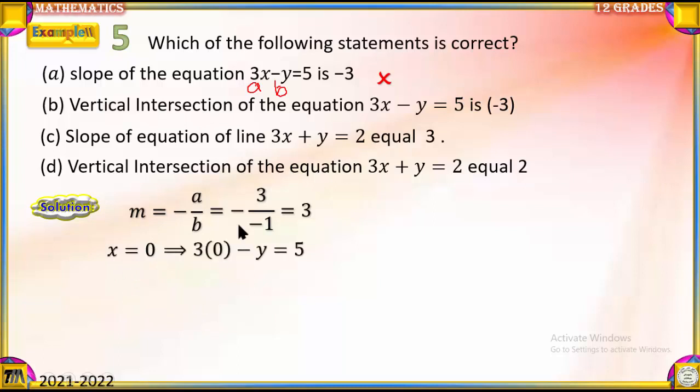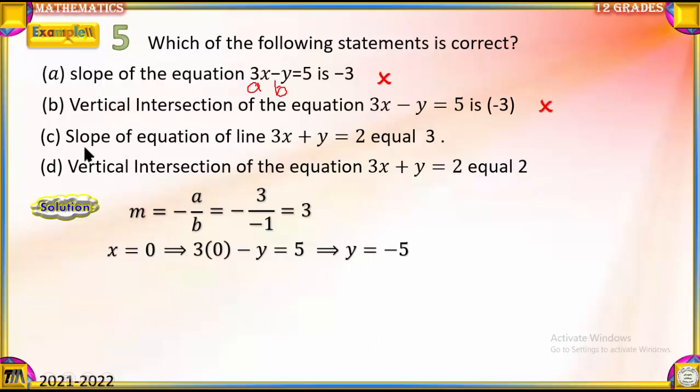It becomes 3 times 0 minus y equals 5. 3 times 0 is 0, then minus y equals 5. It becomes y equals minus 5. Then the vertical intercept is not minus 3, it is minus 5. This means it is not a correct statement.